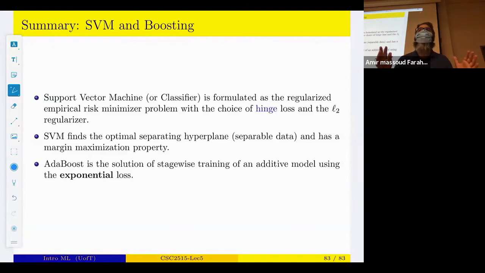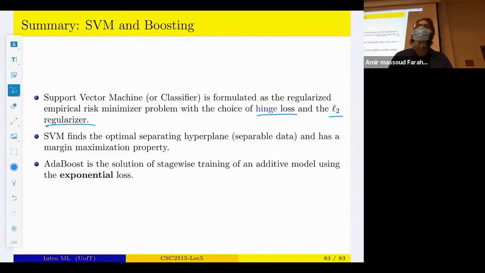From there, we derived the hinge loss, which was a new loss function in our arsenal of classification loss functions. And then we saw that support vector classifiers can be seen as a minimizer of the hinge loss and an L2 regularizer.